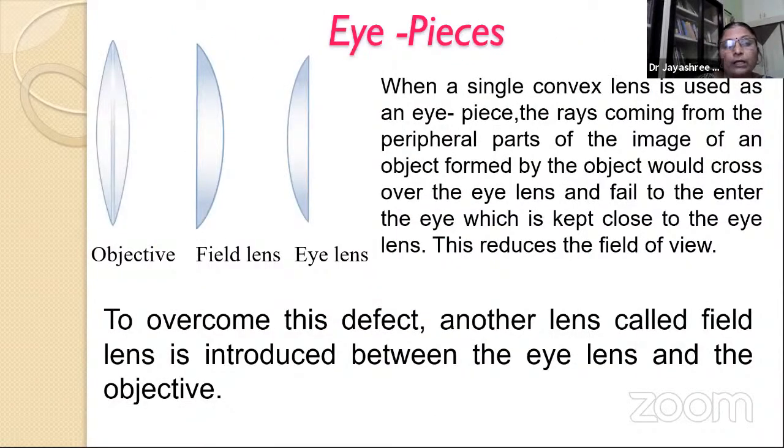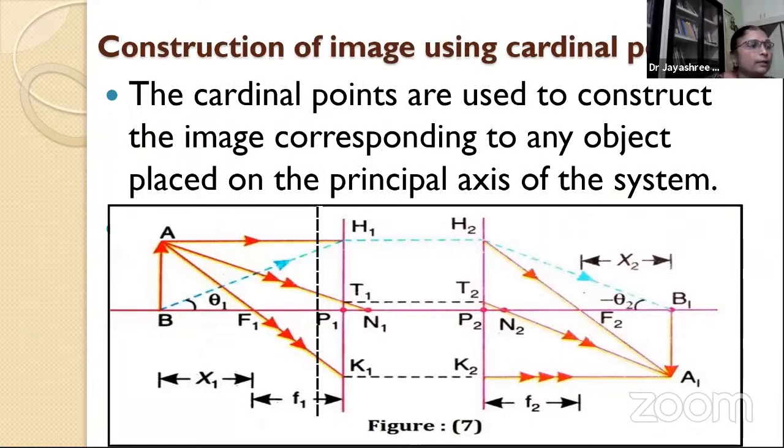Now, whenever we come across finding the features of such cardinal points by using the different lengths and their properties and relations, as I already gave you the idea in this figure, suppose F1 and F2 are the two principal foci, P1 and P2 are the two principal points, and what are N1 and N2? See here in this figure, N1 and N2 are the nodal points of the optical system.